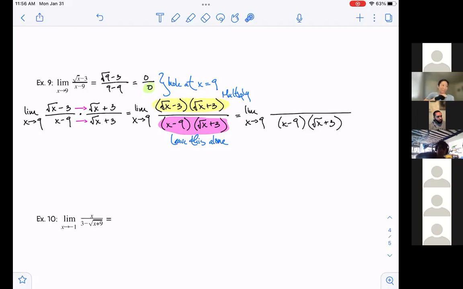Okay, so let's try and multiply this out. If I take square root of X times square root of X, what do I get? Mhm. So just this first part, square root of X times square root of X, I'm gonna get X. Now, this is the part where I think sometimes students are like, but I don't know what the rest of it is. Like when we FOIL something out or we multiply the binomial. If I take the outer terms, I get square root of X times 3.